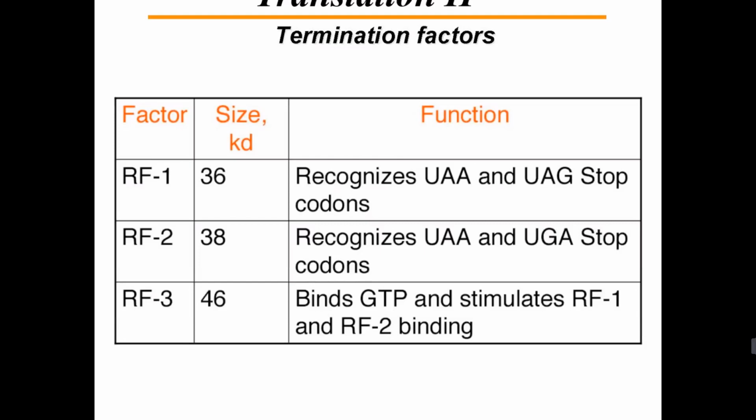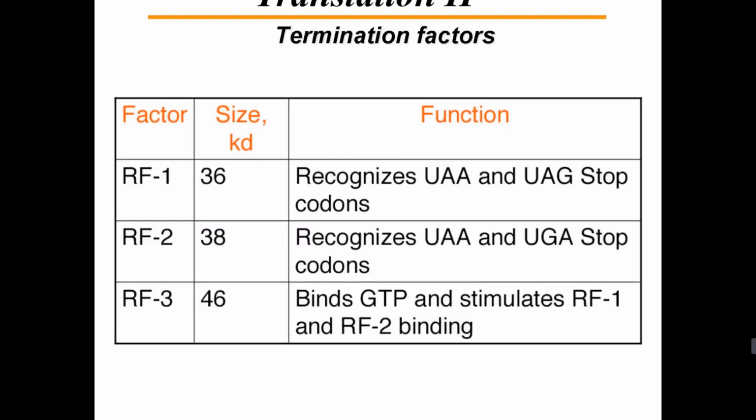Key thing to take away is we have initiation factors that help in the assembly of the ribosome in bringing in the initiator tRNA. We have elongation factors that will help bring in the corresponding amino acyl tRNAs, and elongation factor G, which is the translocase, to help move everything within the ribosome, so carry out translocation.